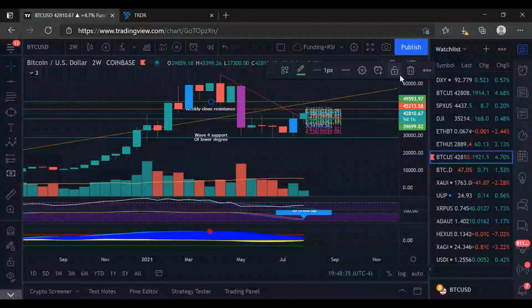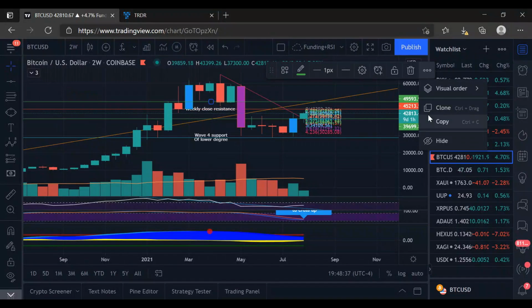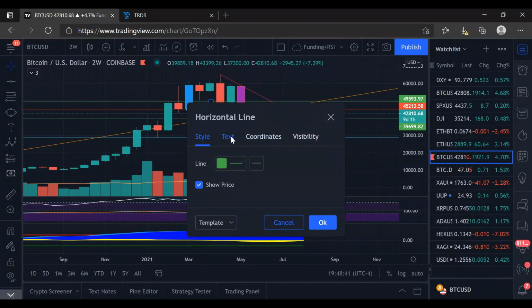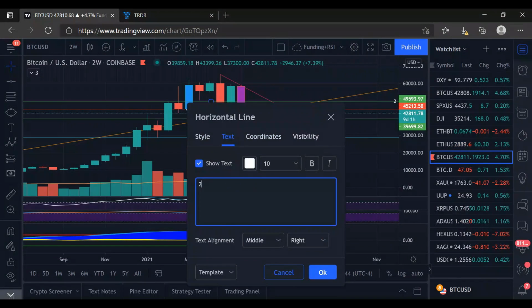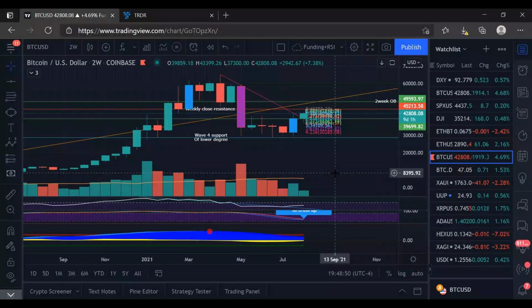These are good things to label on your chart. Just label that. I'd be impressed if we make it through that. I'm expecting just a touch of the bottom of that.